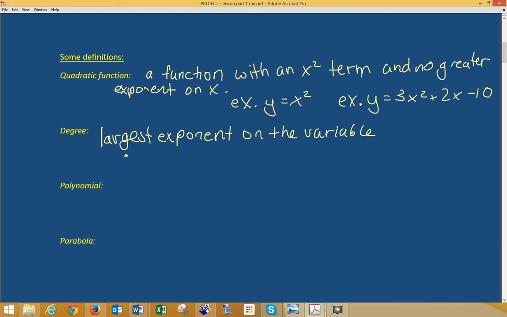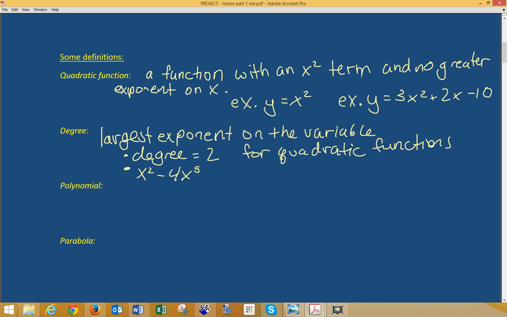So degree equals 2 for quadratic functions. And let's get another example. So let's say for a polynomial like x squared minus 4x to the power of 5 plus 3x minus 5, the degree is 5 because the largest exponent on the x is a 5.